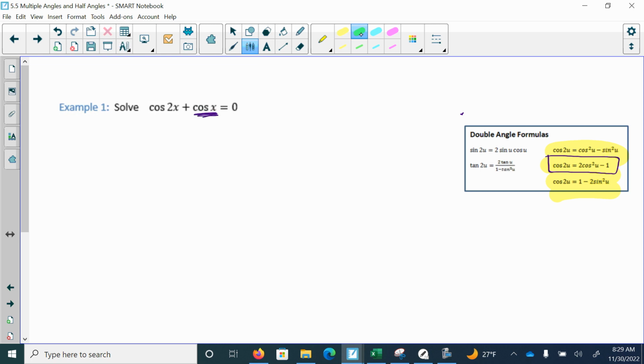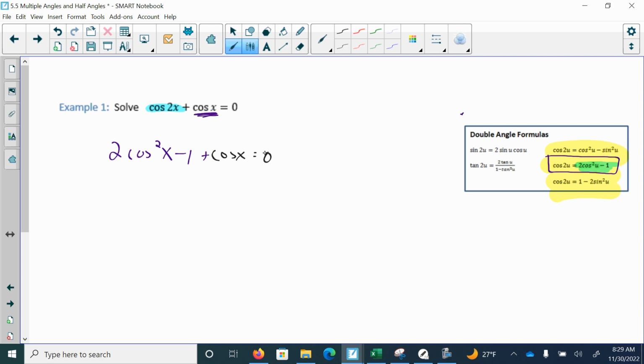So I'm going to rewrite this cosine 2x as 2 cosine squared x minus 1. So this will be 2 cosine squared x minus 1 plus that cosine x, which I'm not rewriting, is equal to 0.